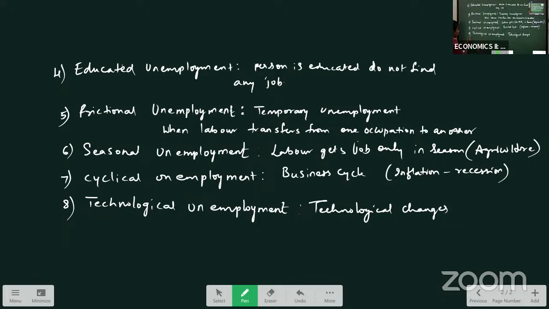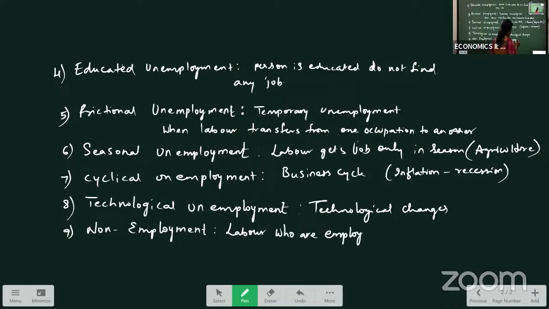Okay, then the next one, non-employment. Non-employment is what? People who are working in the unorganized sector. So laborers who are employed in unorganized sectors are called non-employment.